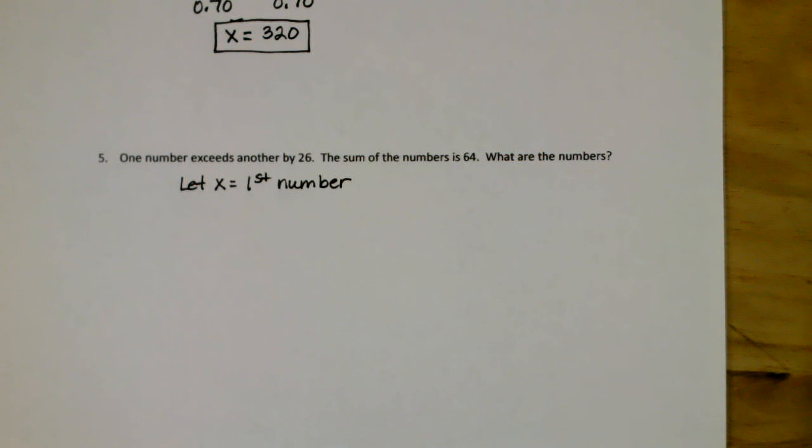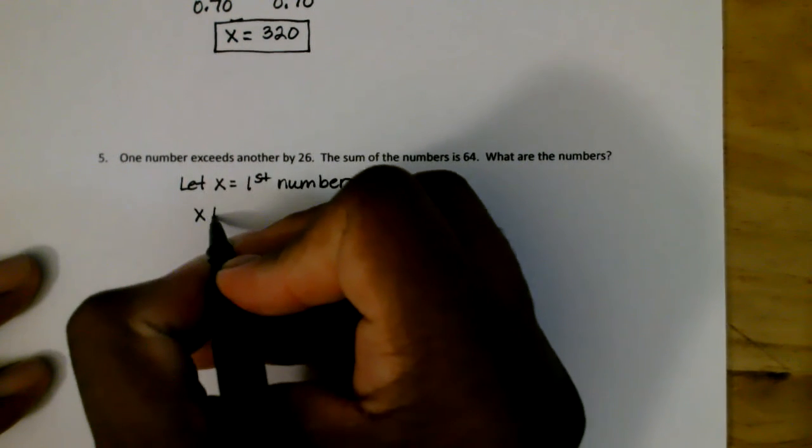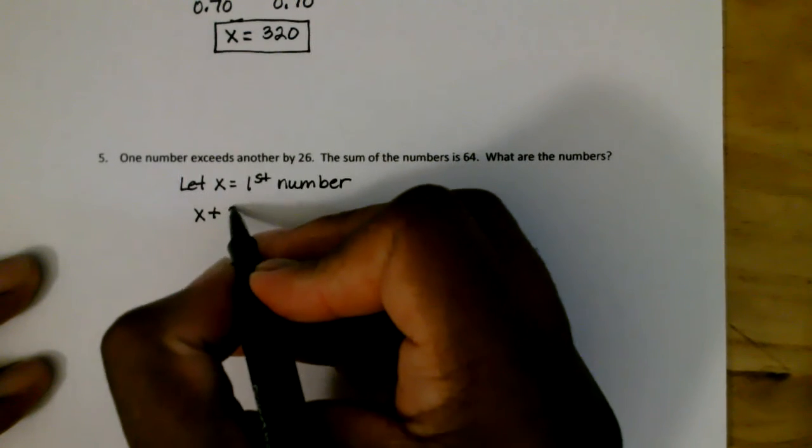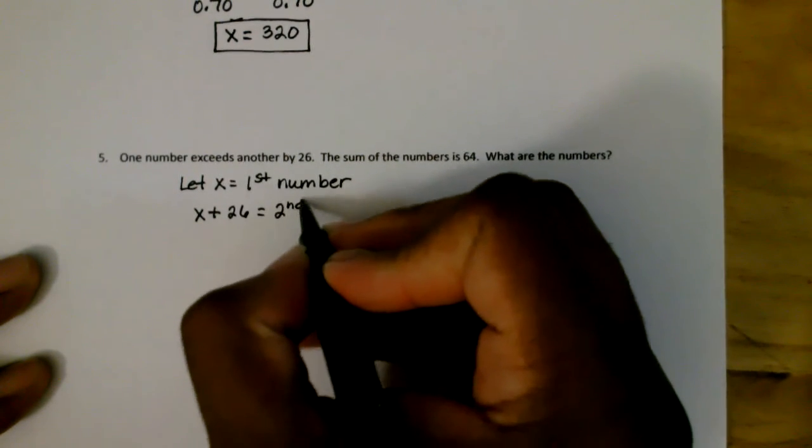All right. Now, one number exceeds another by 26. If it's exceeding the first number by 26, then that would be X plus 26, which is the second number.